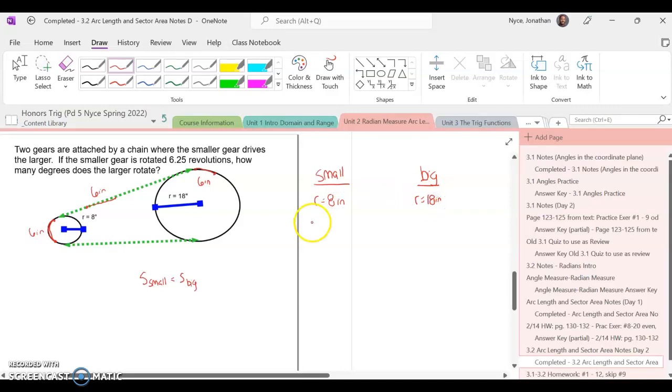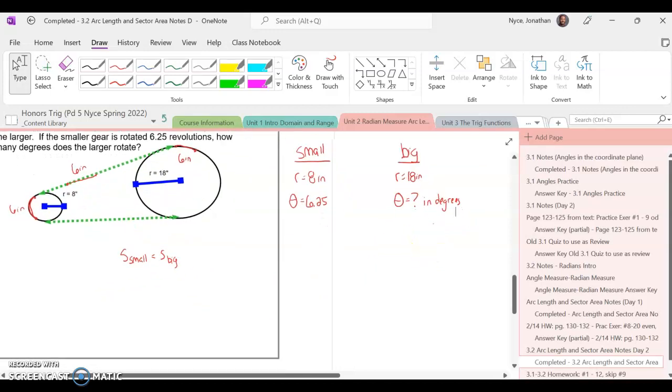It says the small gear rotates through 6.25 revolutions. They want to know how many degrees does a larger gear rotate. So we're looking for theta here in degrees. So it's basically doing two arc length problems, one for the small gear, taking the arc length of the small gear, taking that information over to the big gear, and solving for theta.